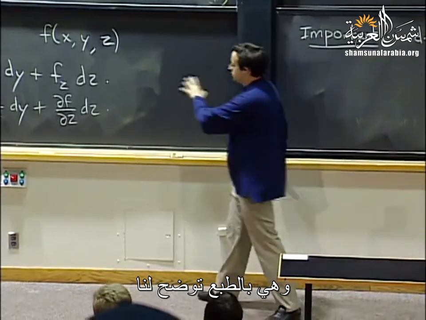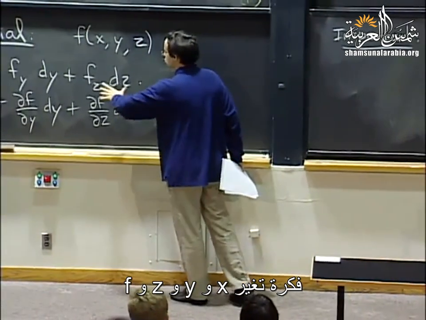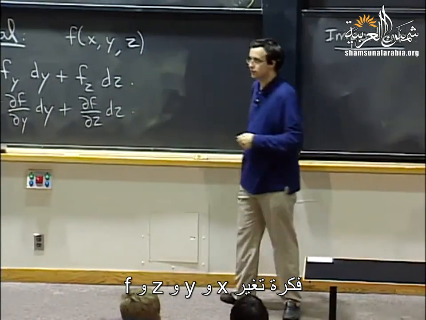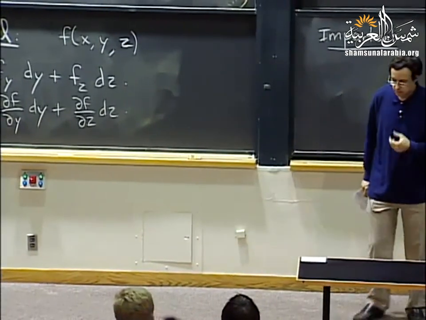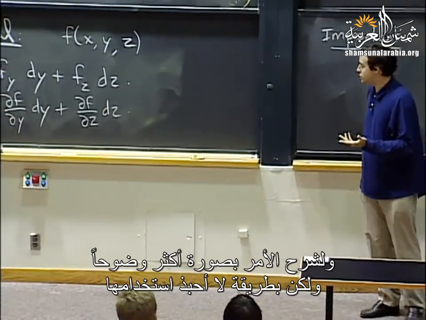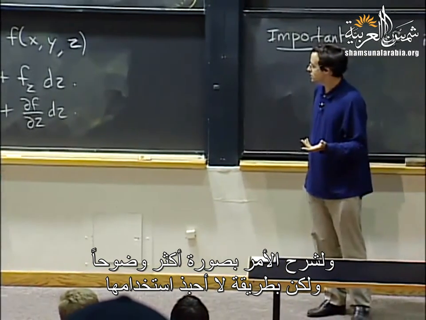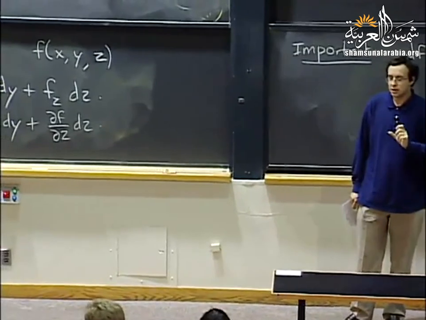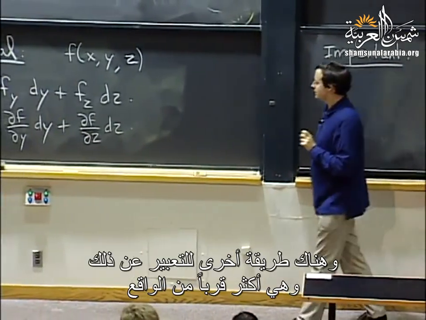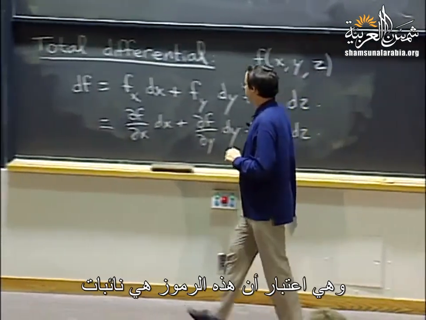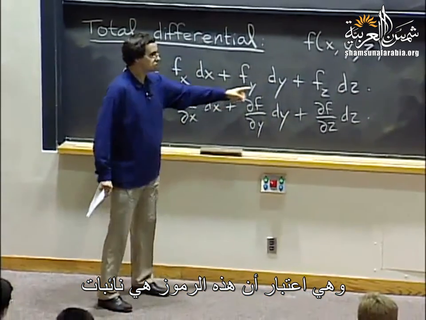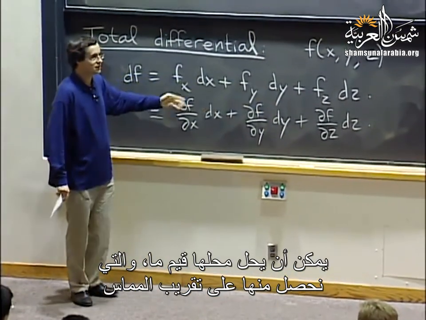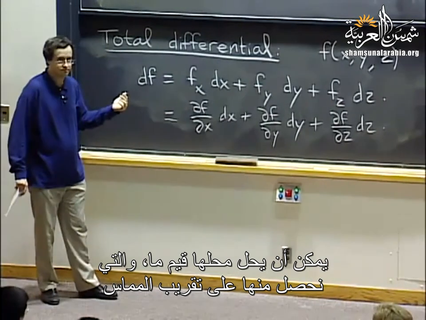Of course, they represent this idea of changes in x, y, z, and f. One way that one could explain it, though I don't really like it, is to say they represent infinitesimal changes. Another way to say it, and I think that's probably closer to the truth, is that these things are placeholders to put values and get a tangent approximation.